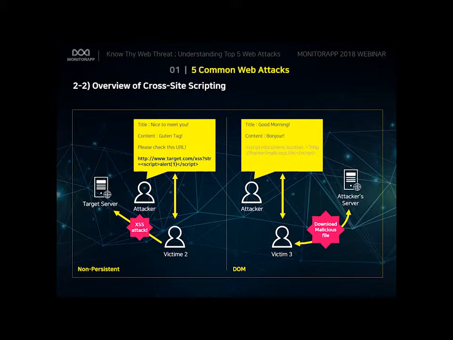The diagram on the left shows what is called the non-persistent XSS technique, or reflected XSS technique. Attackers who are already aware of an XSS vulnerability of the target server will send out URL information containing XSS attack code to the users.